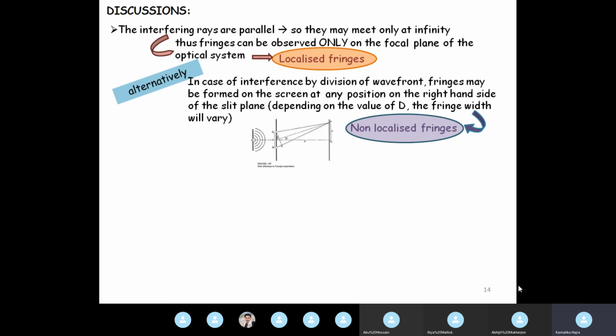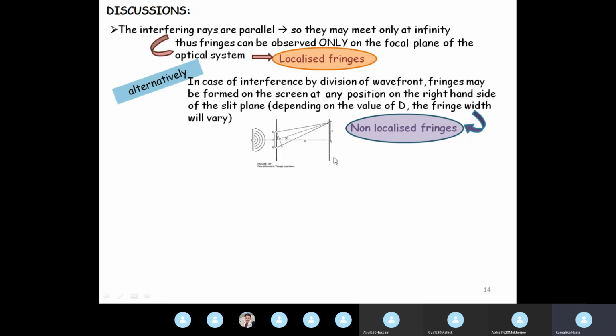Just for your reference, I have given this picture once more for wavefront division. See the screen, these are the slits and the rays meet at a point P, division of wavefront taking place, and the position of this screen can be anywhere. It can be close, it can be far away. Further it is, the analysis will be more relevant and the fringes will be better to observe properly.